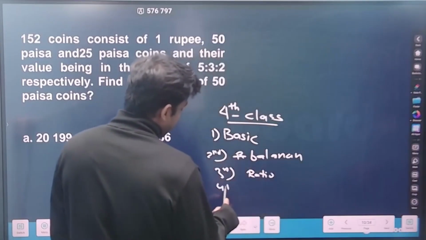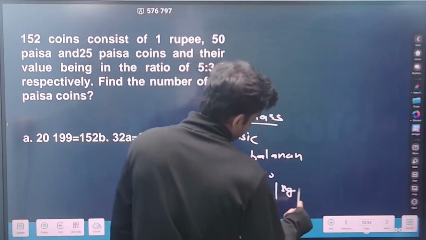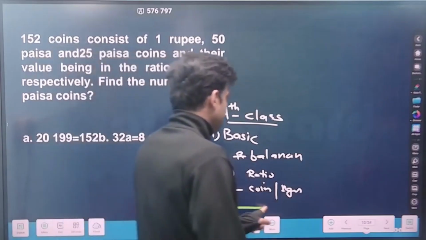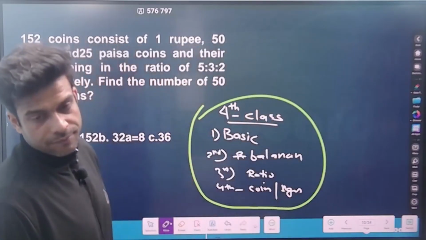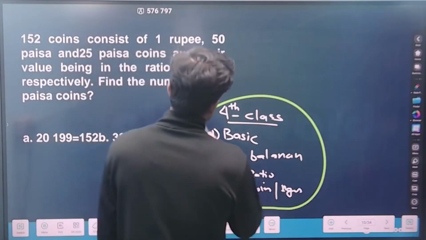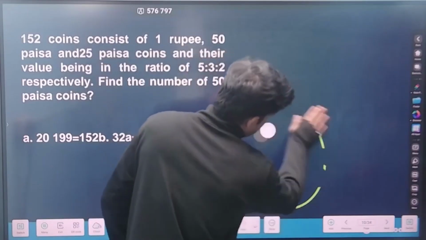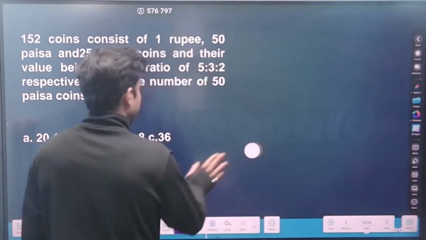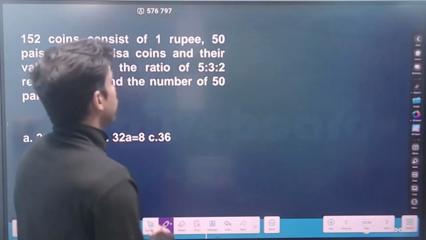Fourth class, coin based problems and ages based problems. If you complete this series now, I can guarantee you will have a clear vision on ratios. So try completing the things which I have guided you. If you don't, you will not get anything of what I am saying. So when I say watch carefully and follow the sessions, but you don't, that's up to you.